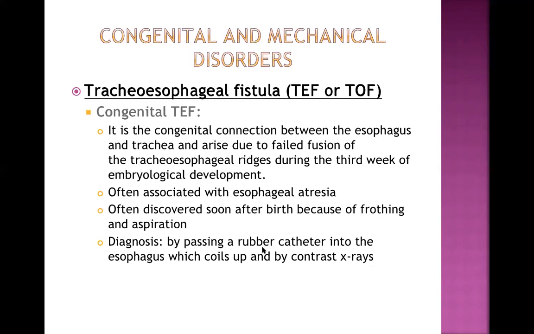We put a red rubber catheter, but it doesn't go downwards, it doesn't reach the stomach because there is no connection at all. So it will coil up and come backward. So this is the process of diagnosis, and we can also diagnose by doing a contrast X-ray. This is a different way.